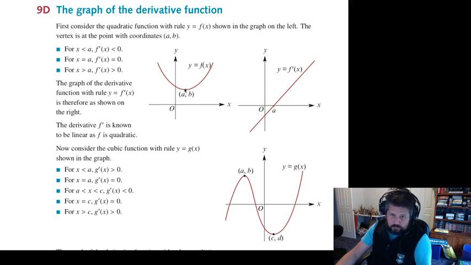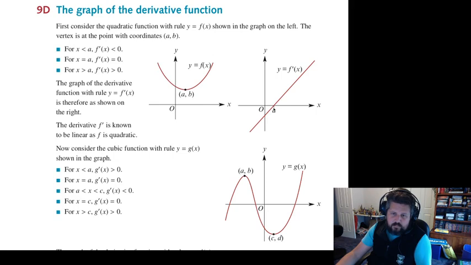Next, I would look at the gradient or the slope to the left of this a value. Hopefully you can see the slope here is going down, it's negative. So to the left of a in our derivative function, it's going to be in the negative section, below the x-axis.